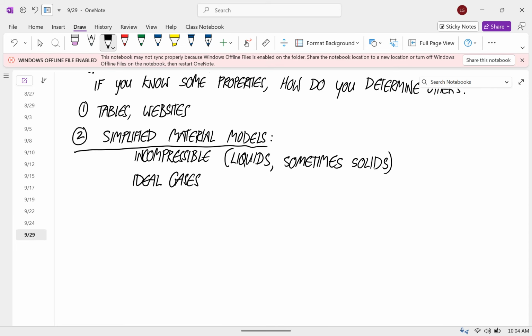And we started with this new definition, this new property, enthalpy, that is capital H, and it's just equal to the internal energy plus the pressure times the volume.